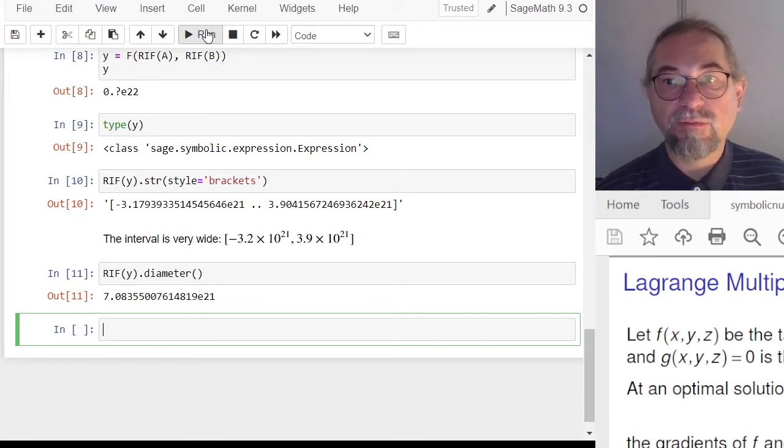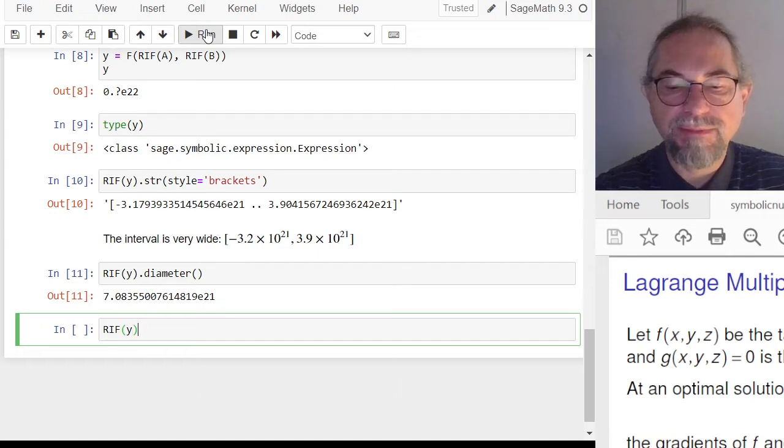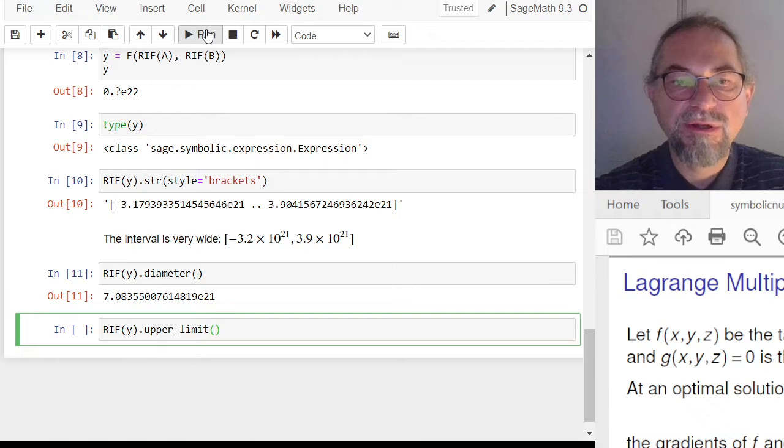So you see now that we can systematically increase the precision and each time compute the diameter, which is the upper limit. So here are some useful attributes. I have the upper limit minus the lower limit.